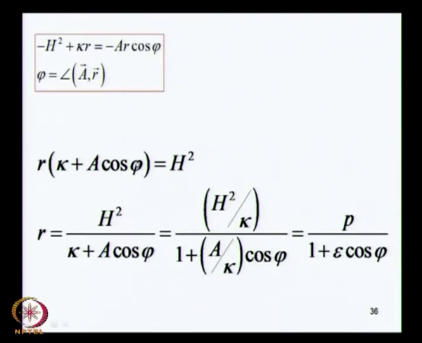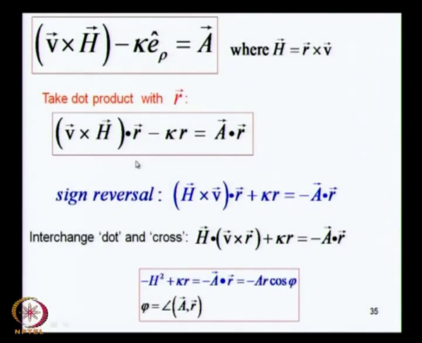And we got it simply by constructing the scalar product of the Laplace-Runge-Lenz vector with the position vector. We did not solve any differential equation, we did not integrate the equation of motion, and we get the trajectory. That is wonderful, is it not?